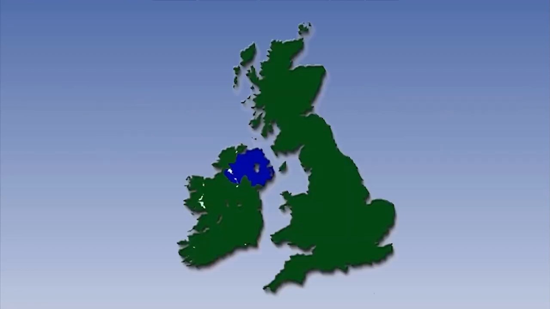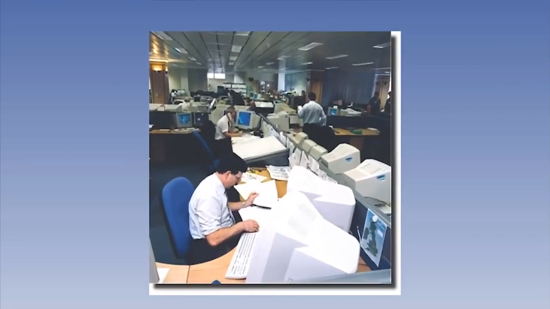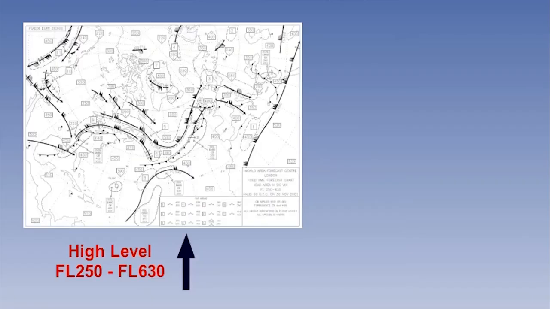The WAF's SIG weather charts are produced by two World Area Forecast Centres, or WAFCs, London and Washington. The WAFCs are responsible for producing high-level SIG weather charts, that is between flight level 250 and flight level 630, for the whole world.